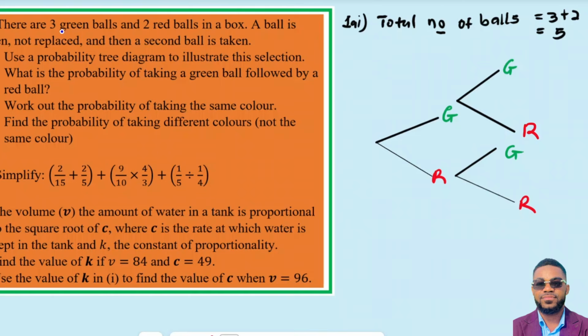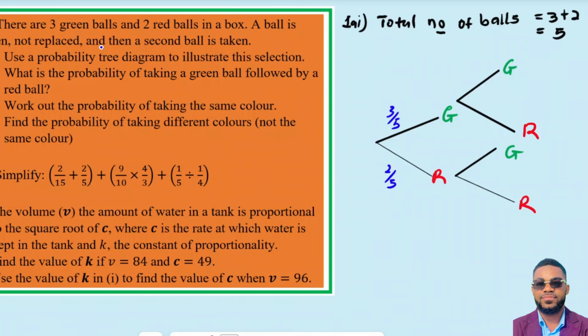So the probability of taking a green ball at first, or for the first time, is going to be 3 on 5. So we have 3 on 5 here, and now the probability of getting a red ball is going to be 2 on 5. So that is what you have to know for the first selection. So if you pick a green ball from the box, you're going to get 3 out of 5, and a red ball is going to be 2 out of 5.